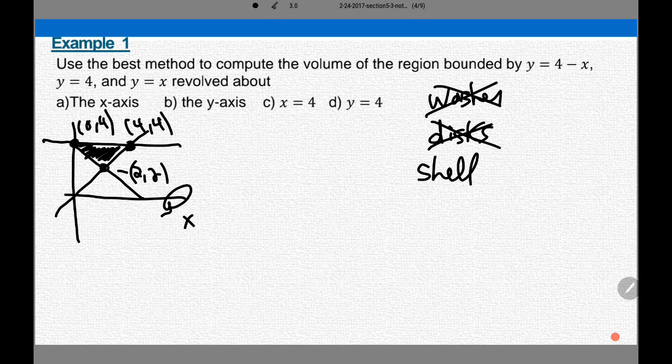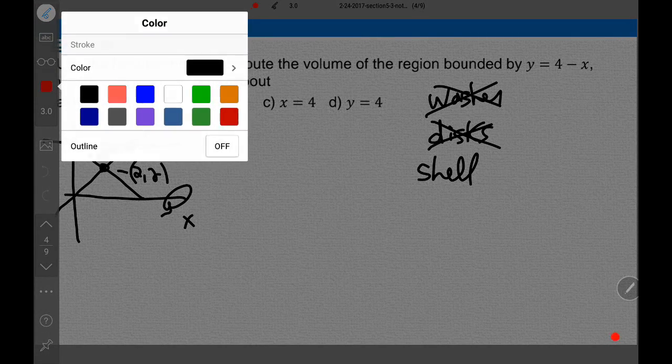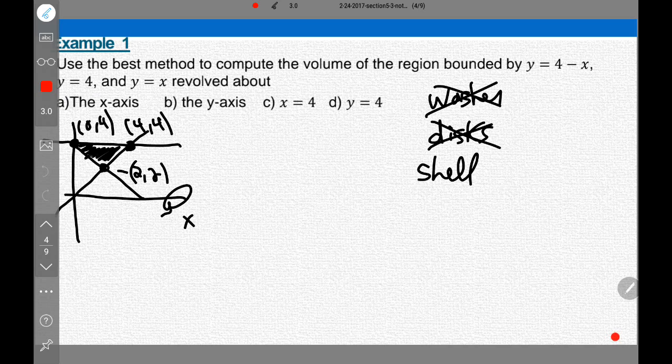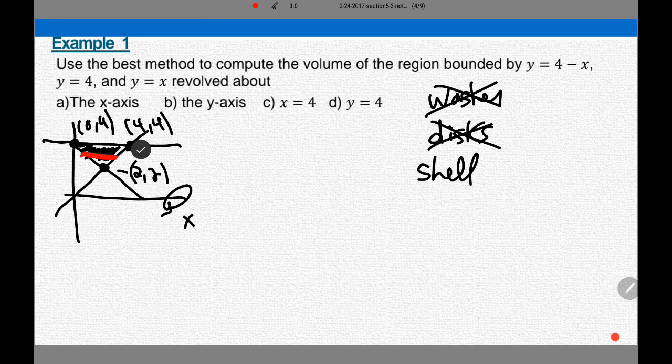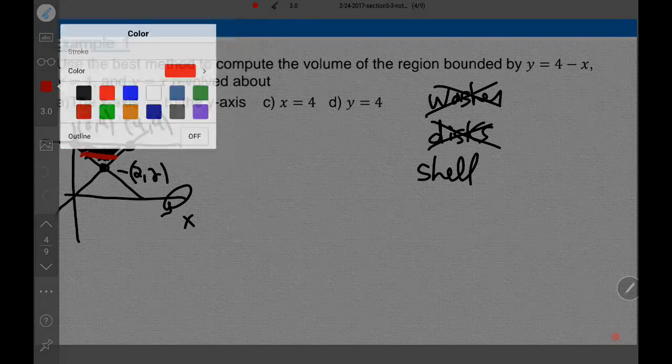Alright, now a couple things. When we're doing the shell method, we're actually going to integrate with respect to y on this one, because when we look at these pieces here, I've got a nice height from left to right, and I've got a nice radius from the x-axis out to that piece.